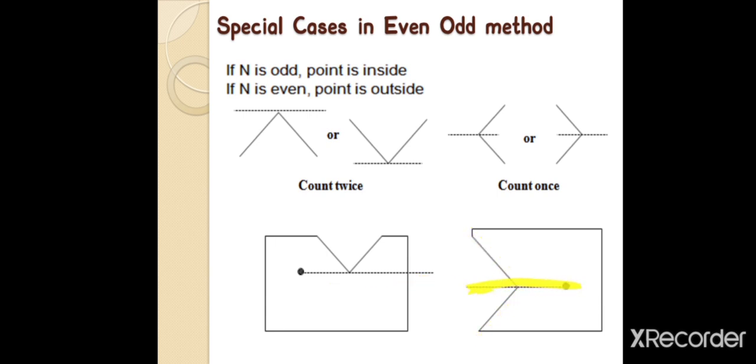According to that, we have to count it as twice or as once. If on the same side, just like this one, then we consider the intersection count as 2 and here the intersection count as 1. So 2 plus 1 becomes 3. Here in this case we consider the opposite side. That's why the intersection is only once. So that is given as the special cases in the even odd method.